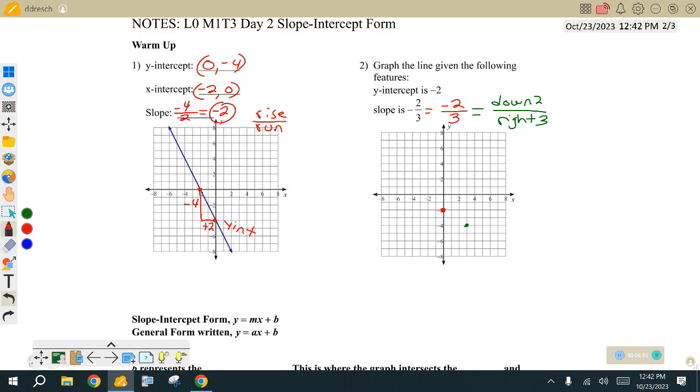So basically, we fill out that graph. One point is good, but another point, as many times as you can. Keep going down 2, right 3. Down 2, up, and I'm off my graph now, aren't I? All right, I could get 2 points in there, and that was it.